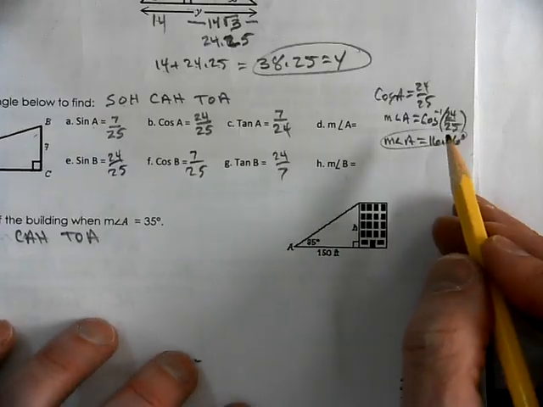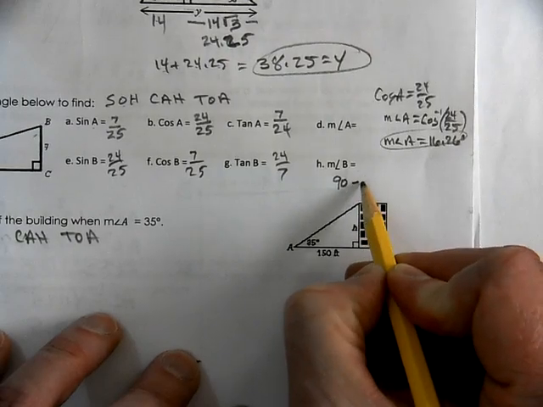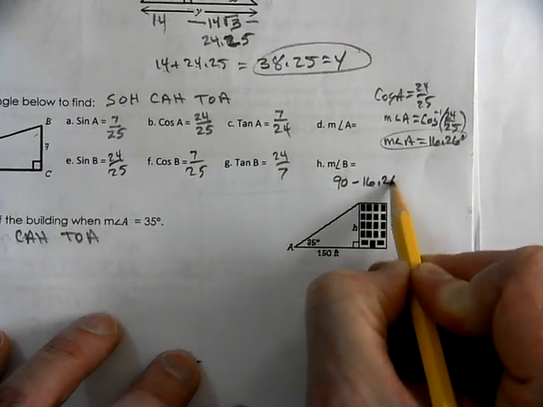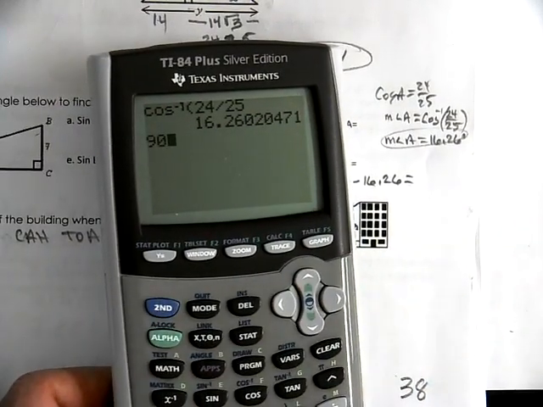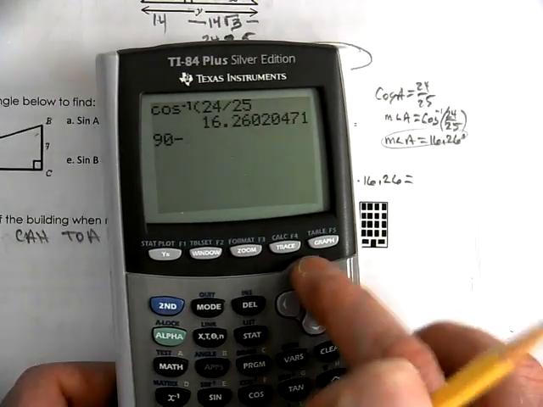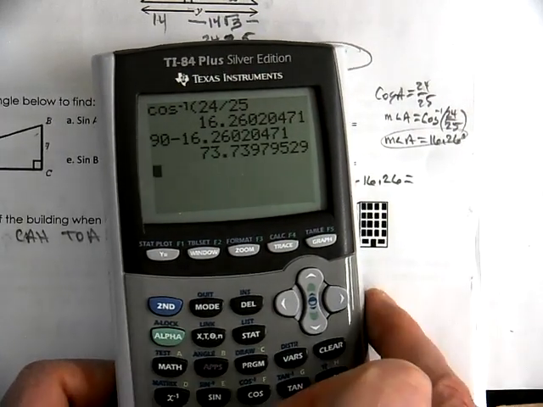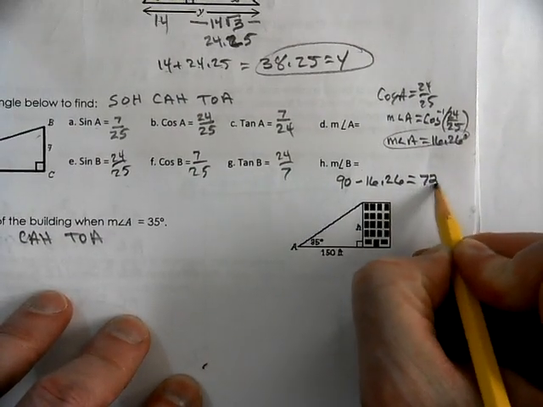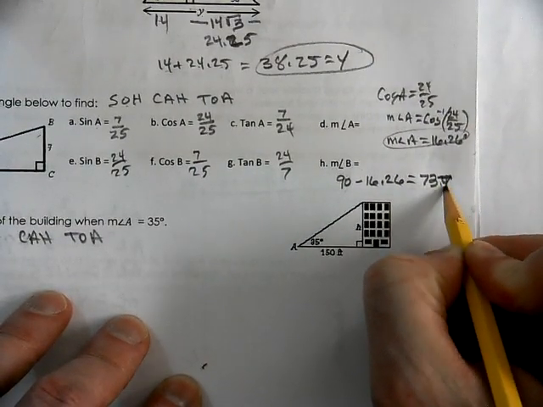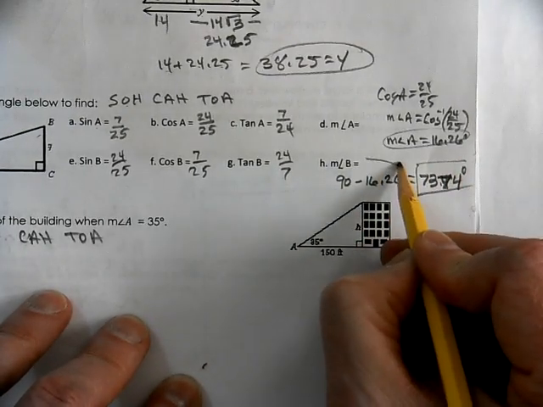And the value of B, we could recalculate it again, but you can also do 90 minus 16.26. You can use the previous answer, just arrow up, that brings it right down, and you get 73.74. That is B.